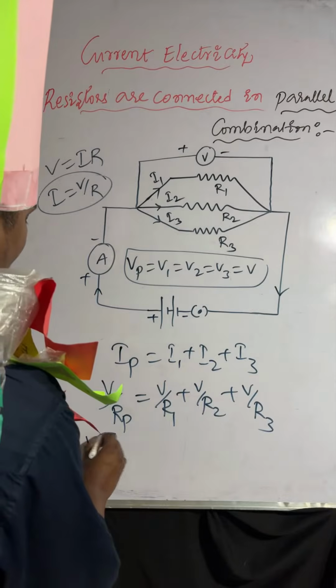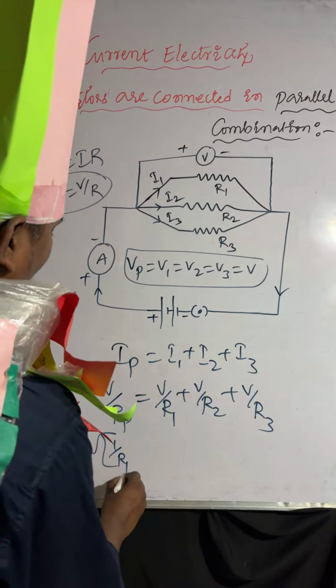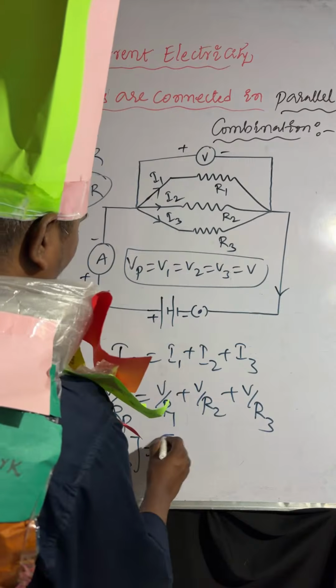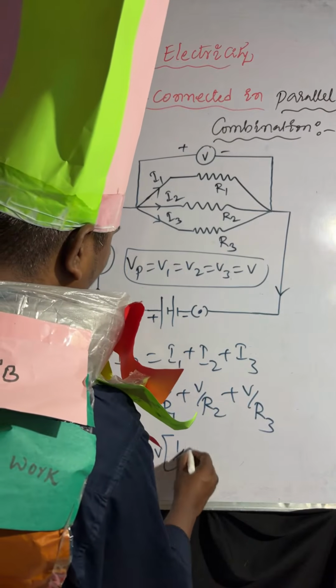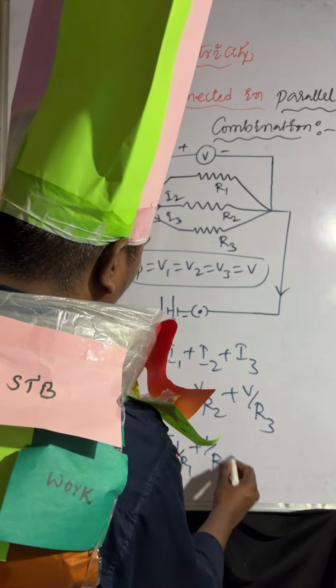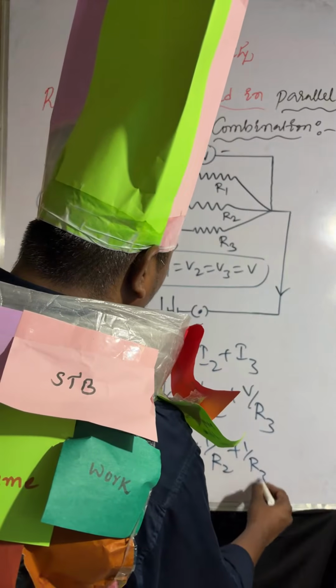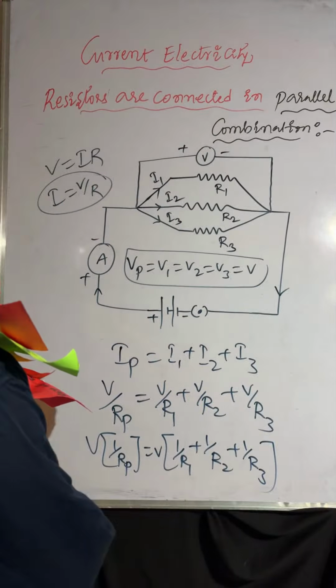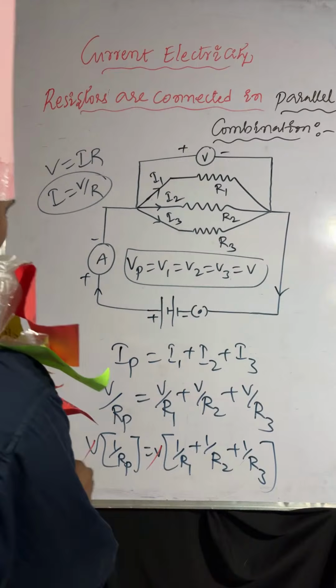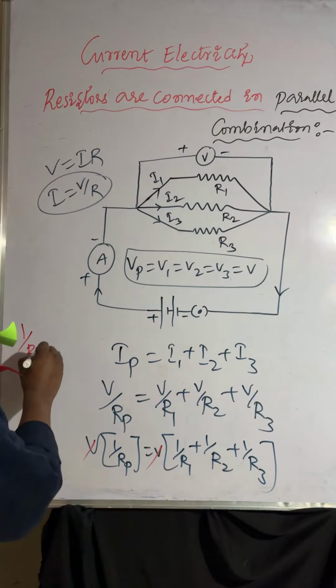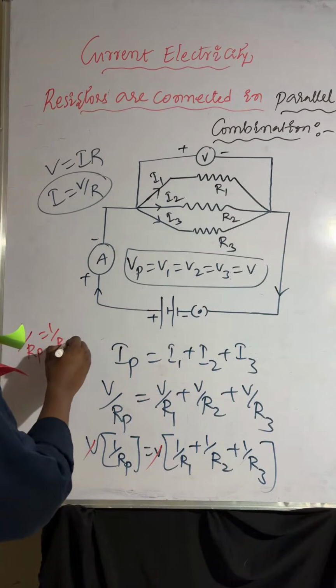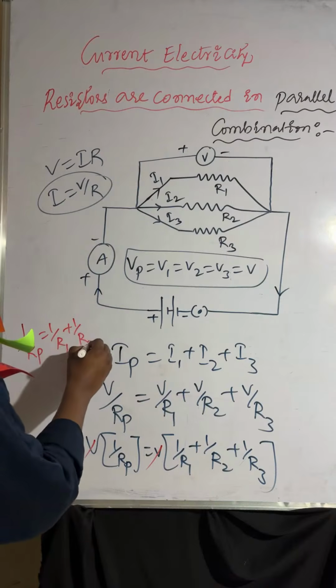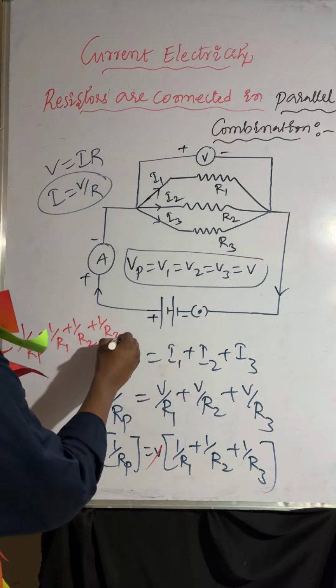So I am taking V common. 1 by Rp equal to V, I am taking common, 1 by R1 plus 1 by R2 plus 1 by R3. So here I am cancelling V. Then remaining, 1 by Rp equal to 1 by R1 plus 1 by R2 plus 1 by R3.